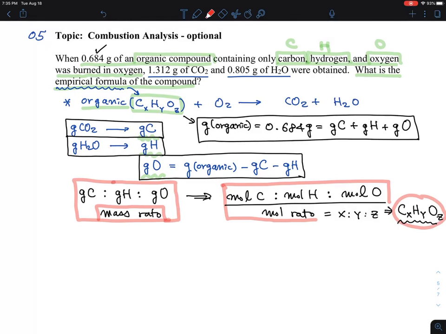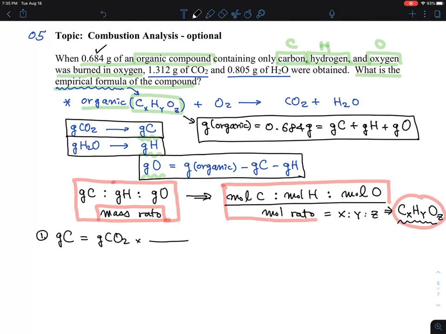Okay, so how do I calculate the first one? Okay, so let's start with grams of carbon. This is what you want, and what you have is grams of CO2, right? And then multiply.